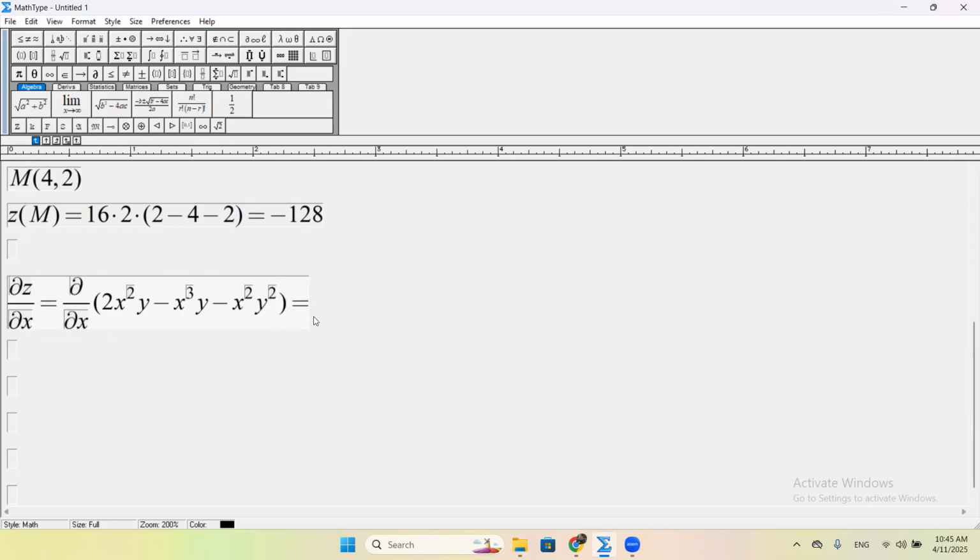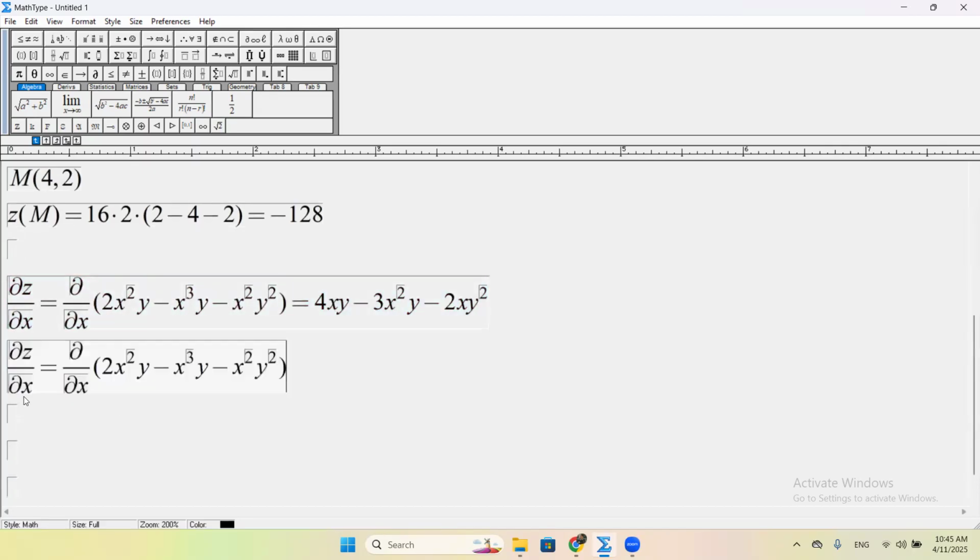So let's differentiate: 4xy minus 3x squared y minus 2xy squared. So found. And now analogously for y: 2x squared minus x cubed minus 2x squared y.